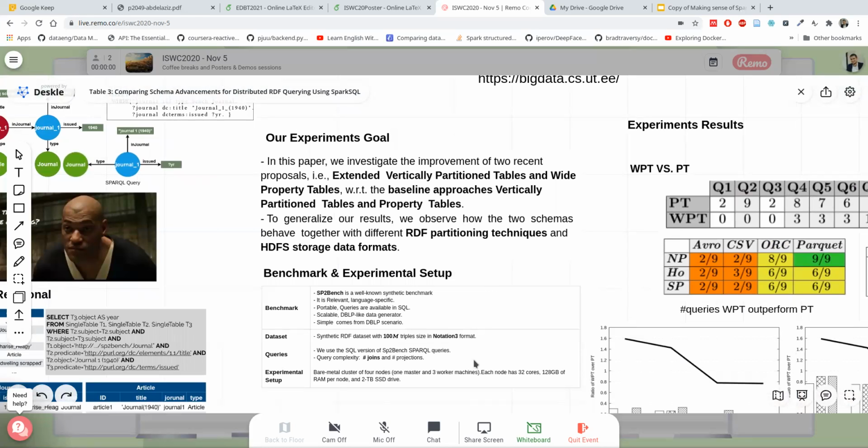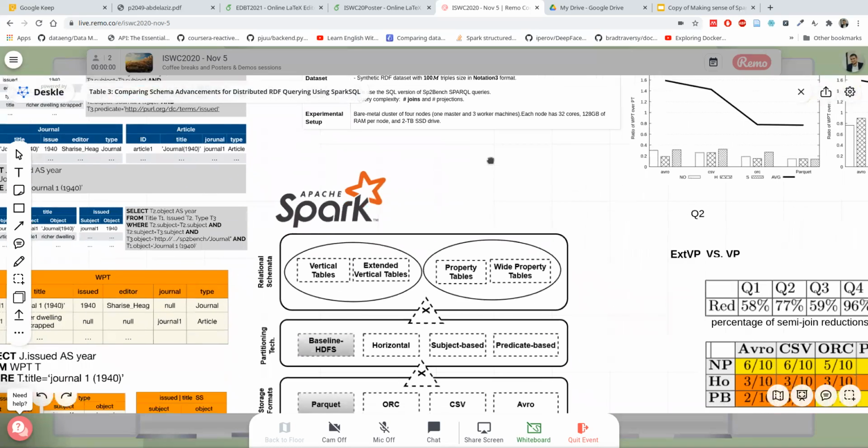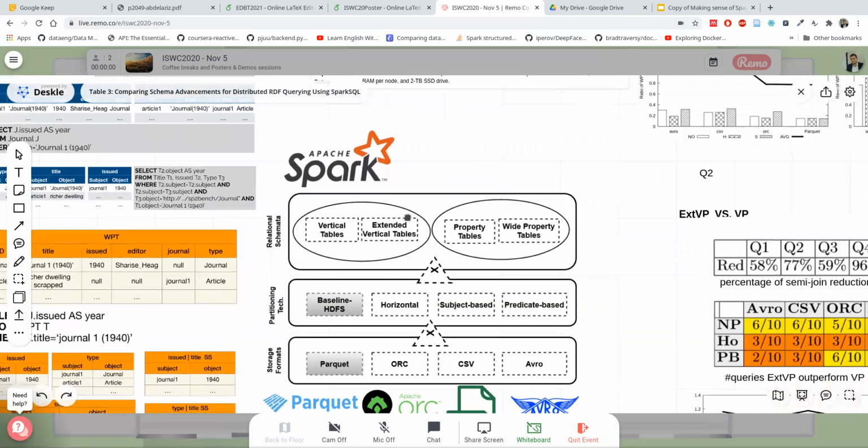To check the generalizability, we tested how these two schema advancements behave against their baseline when introducing different RDF partitioning techniques and HDFS storage formats. Partitioning techniques impact the query execution as they change the data locality.